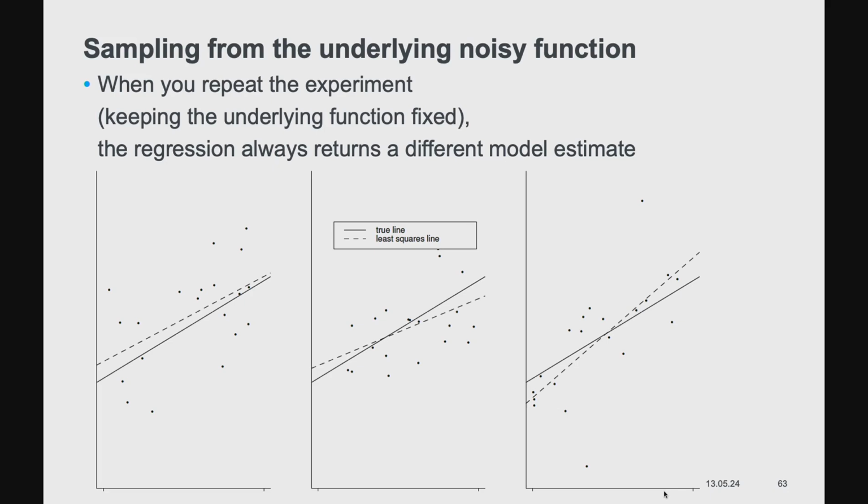So how can we imagine this? Here we have the true function, the true line. In all three pictures, it's exactly the same true function. Now this true function with some noise has produced these data points. And this is a different sample here, then the sample here, then the sample here.